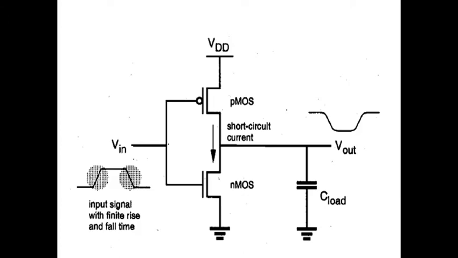As the charging event happens, a finite amount of current will flow from VDD to ground via the PMOS and via C load. Since current is flowing from VDD to ground, there will be an I square R loss, and that is nothing but power dissipation. So during the charging event, some finite amount of power dissipation takes place.